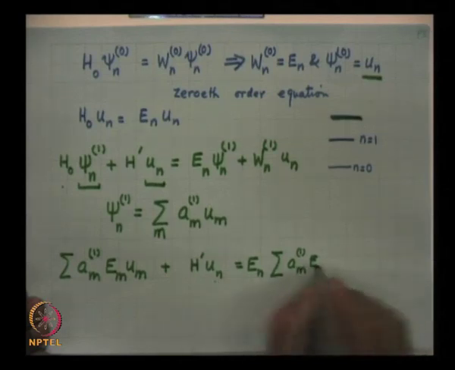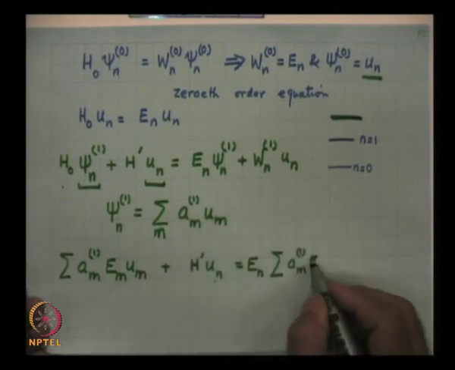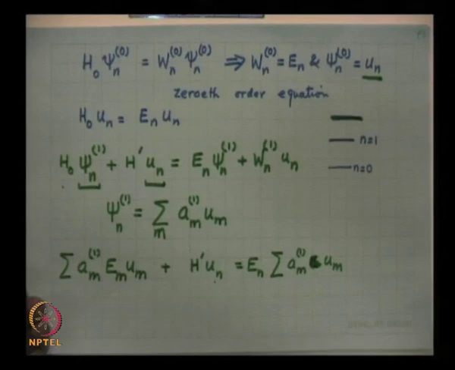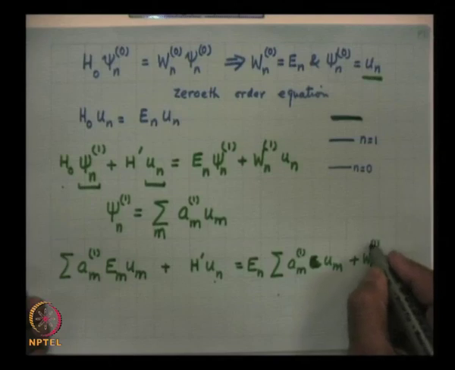So, this is a m 1 E n, a m 1 u m, plus W n 1 u n.